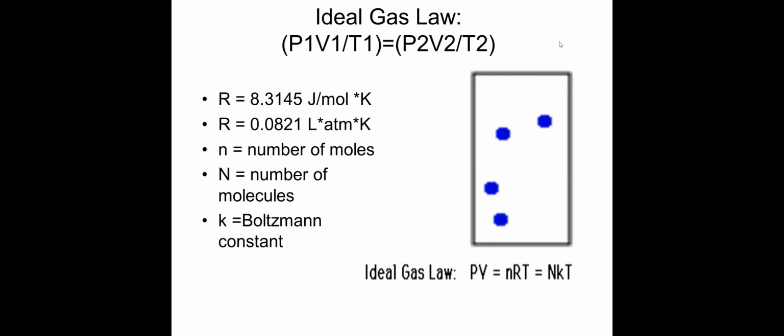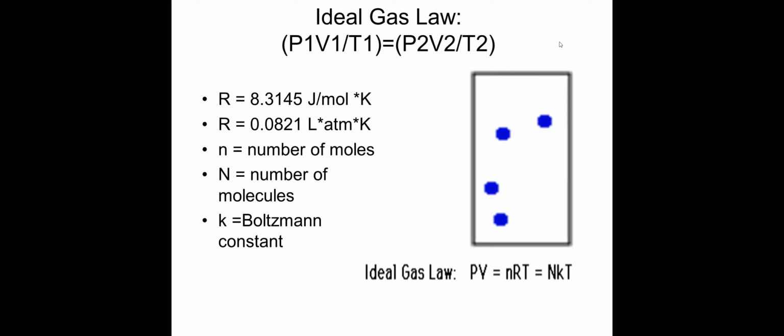A lowercase n represents the number of moles. An uppercase N represents the number of molecules. And the K, which we'll talk about in a little bit, is Boltzmann's constant. And that'll be given to you. But a lot of times, because it's constant, we just cancel it out.